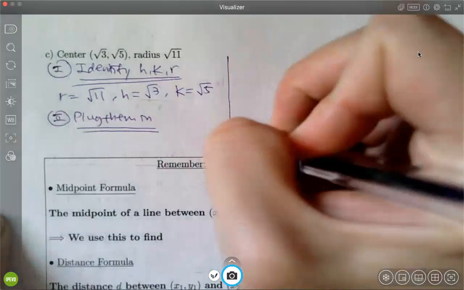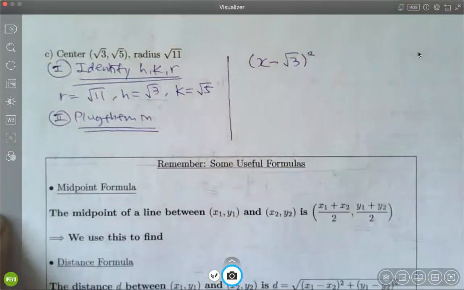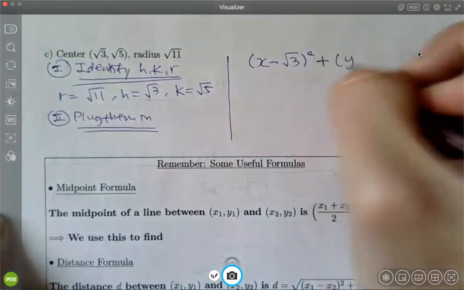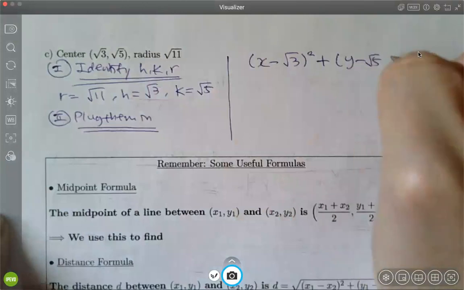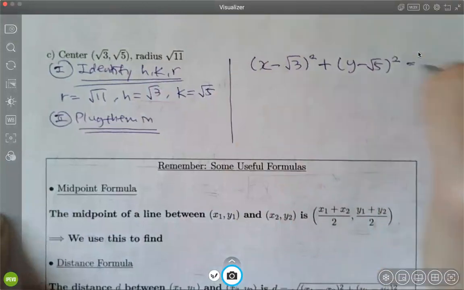So what do you get? (x minus h), which is the square root of 3, squared, plus (y minus k), which is the square root of 5, squared, is equal to r squared, the square root of 11 squared.